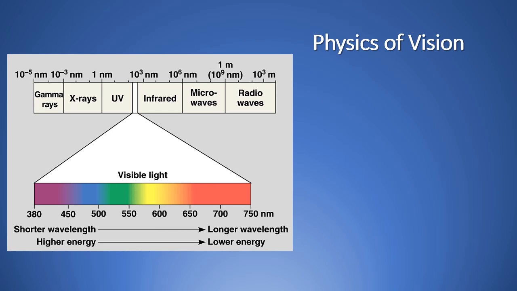So some physics of vision. What we are detecting with visual stimuli is actually waves, specifically light waves, and those light waves have a wavelength and they have a wave amplitude or height, just like ocean waves have a height, and they have a purity.